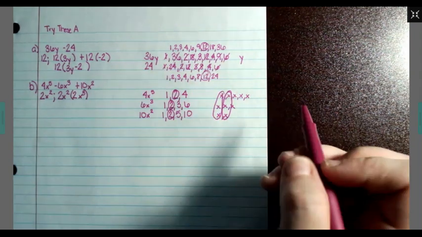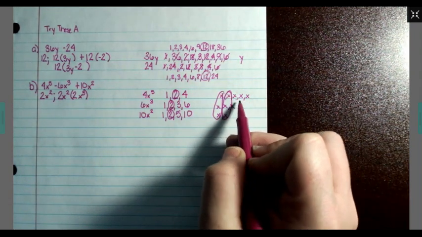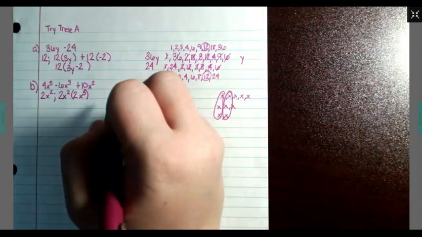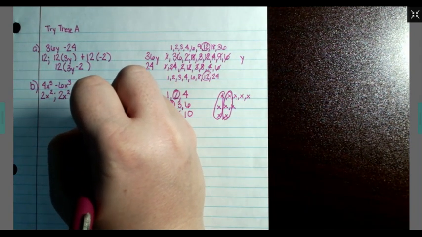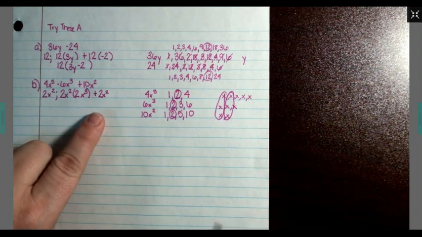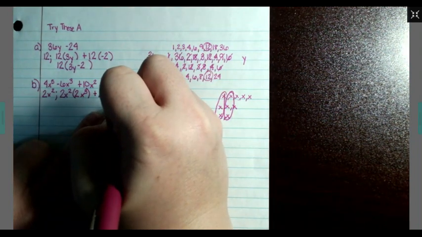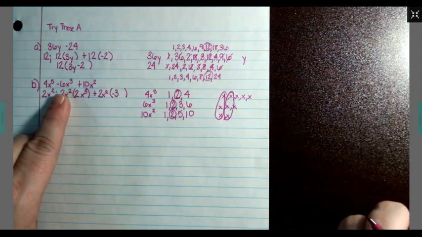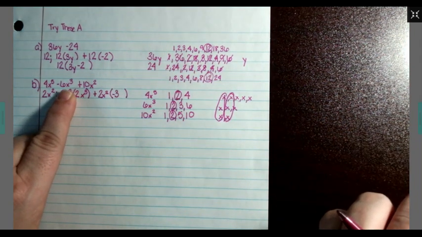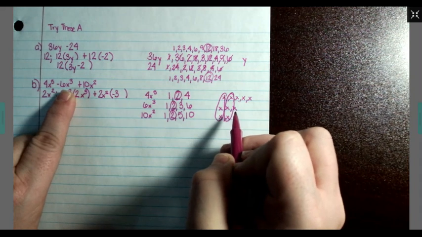If you look, that's how many x's we had left, 3 of them. Let's do the second term. Got 2x squared. What times 2 will give me -6? A -3. How many more x's would I need? Looks like I'm going to need one more.